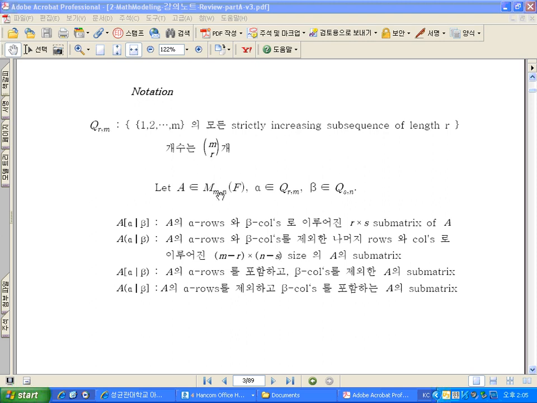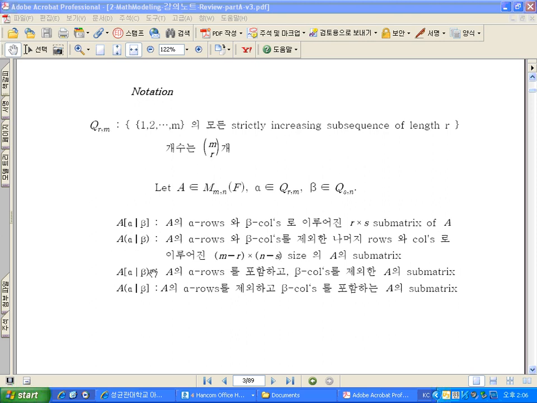Say A is an m by n matrix over a field F. Then this notation A[alpha, beta] is the submatrix of A having the alpha rows of A and the beta columns of A. So this submatrix consists of the rows of A corresponding to alpha and the columns of A corresponding to the set beta. So this is an r by s submatrix of A.